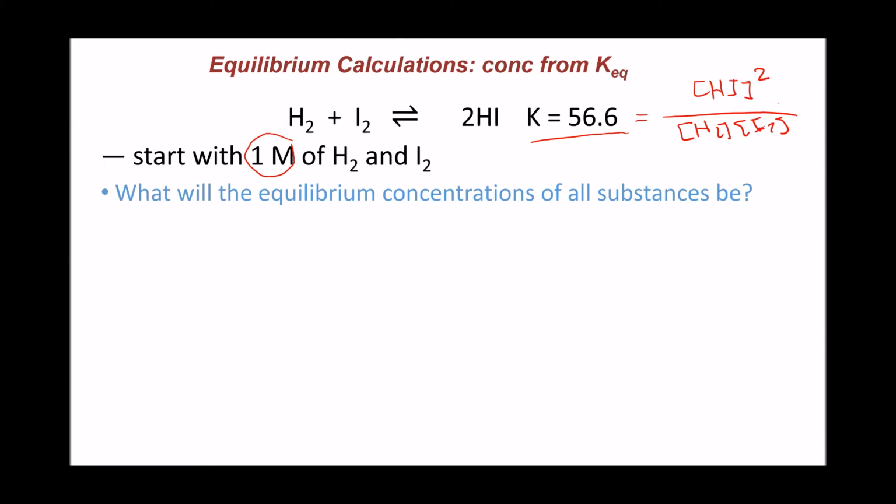Second step is set up a strategy of what we call initial, change, equilibrium. So you start with the initial condition for the reaction, and as we said, you have hydrogen, you have iodine, and you have the product. In the initial condition, you started with 1 molar of hydrogen, 1 molar of iodine, but you have 0 product.